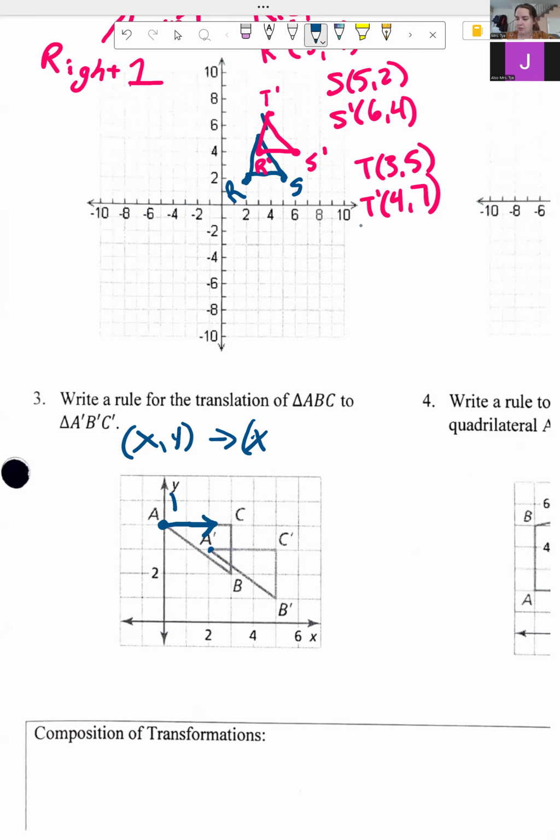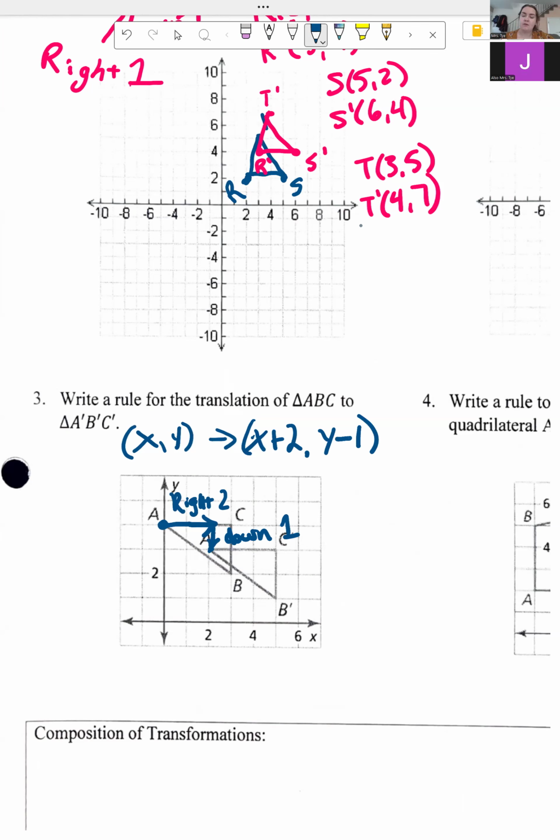So that was a right 2. And I will show that by adding 2 to my X value. Okay. Then we're going to do the Y. From this point, it looks like we moved down 1. So from my Y value, I'm going to subtract 1. And that's it. That's all we're doing.